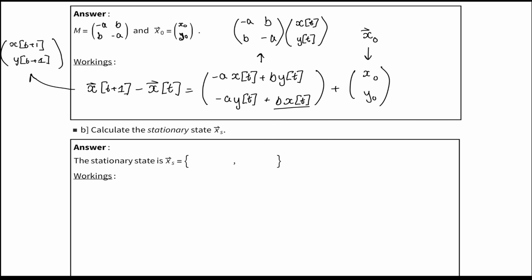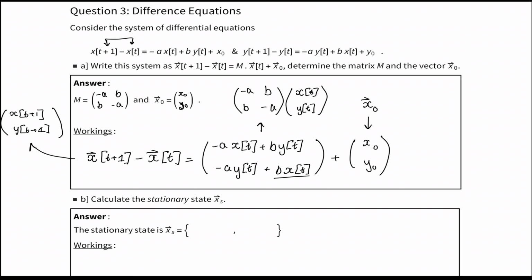Calculate the stationary state. The stationary state just means that there is no longer a difference between this time and the time of the next year or the next period, whatever it is in this question.